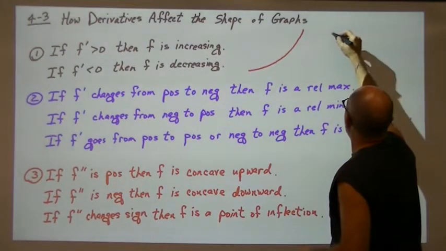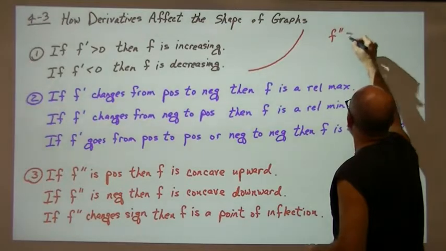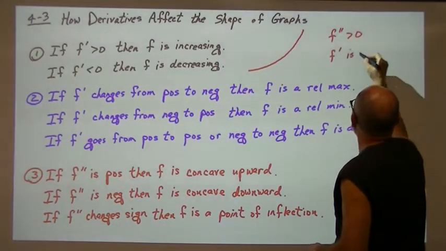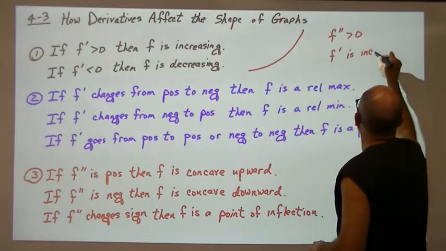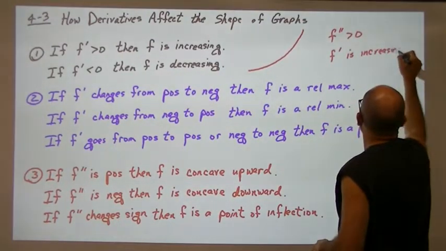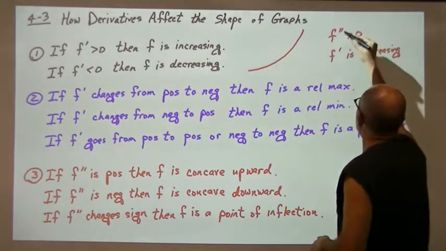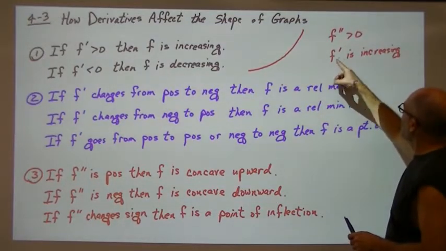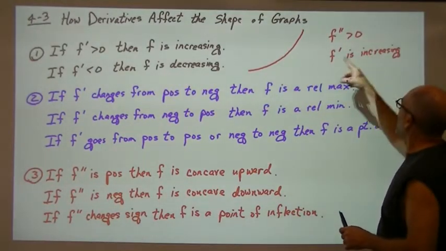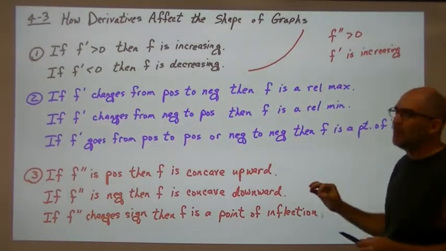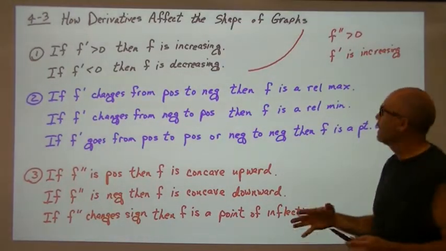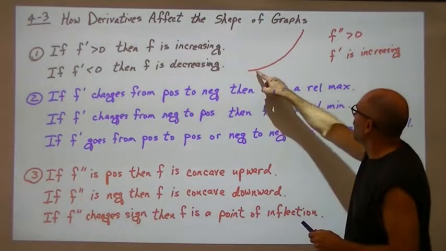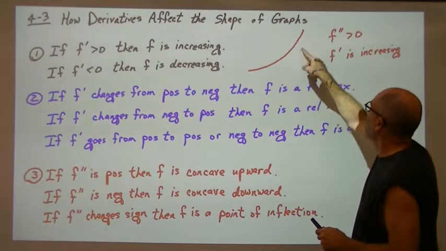If f double prime is positive, that means f prime is increasing, because f double prime is the rate of change of f prime. So, what does it mean that f prime is increasing? Well, what's f prime? It's the steepness of f. So, the steepness of f is increasing. So as I go on here, f is getting steeper and steeper and steeper.